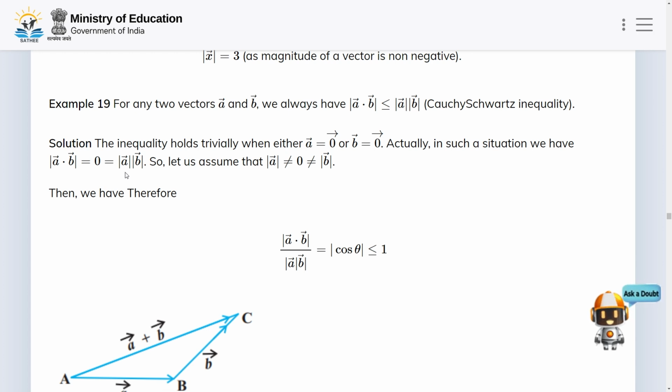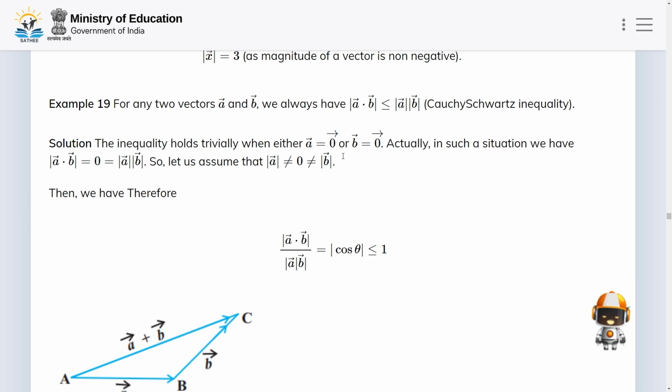So both are equal to each other. When either of them is 0, both must be equal. As you can see here, we have used equality in our inequality.